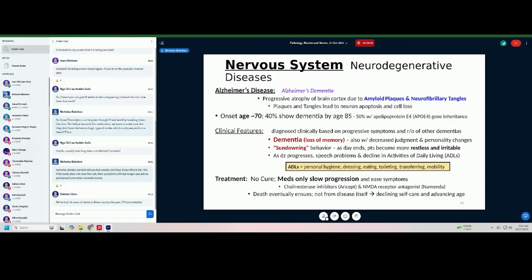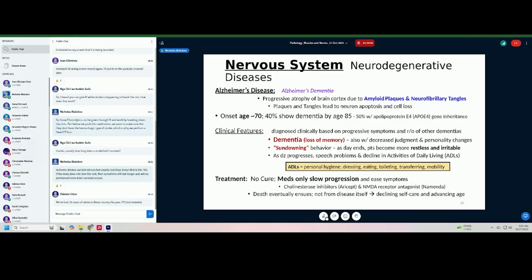When you have these amyloid plaques that are causing these tangles to develop inside of the cell, the cytoskeleton starts to break down, and the nutrient system being passed back and forth within the cell breaks down. And so what that can do is lead to apoptosis of the cell, which is going to lead to cell loss, so cell death. So these plaques and these neurofibrillary tangles, both of them contribute to cell loss and cell death of the neuron.